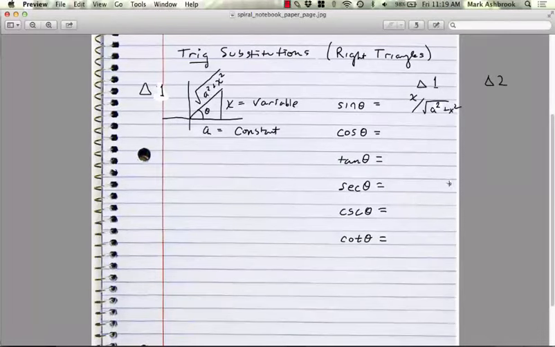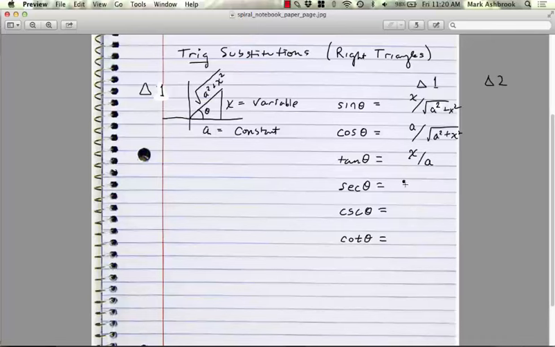Cosine is a over the square root of a squared plus x squared. Tangent is opposite over adjacent. Secant is 1 over cosine, so what would happen if we did 1 over that?